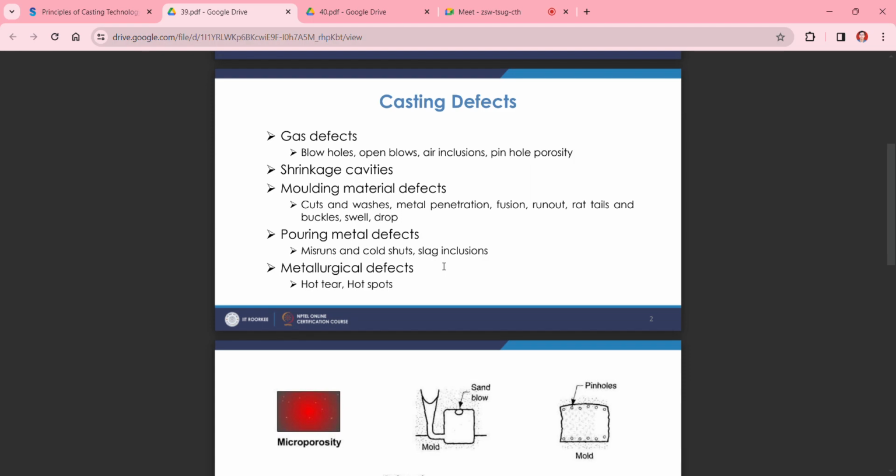You pour your molten metal into the gating system, and by mistake the molten metal has poured out from that pouring basin, so it is going to solidify at that location only, and that will create your misrun defect.